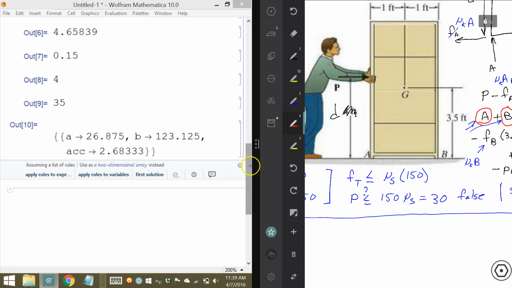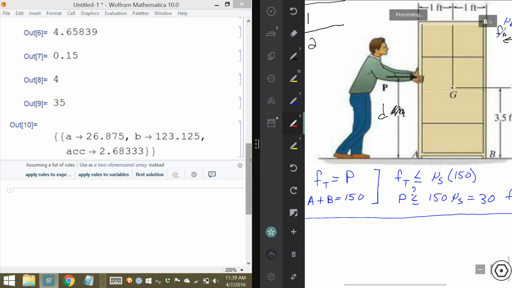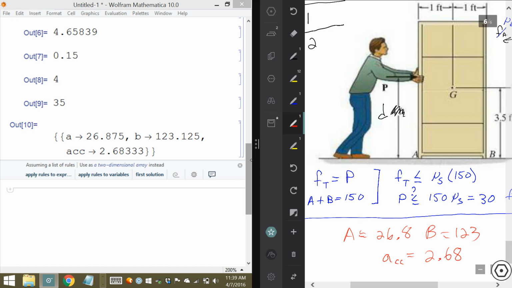So let me write down the answers over here. A is equal to 26.8. B, pressure under that leg, is equal to 123, and the acceleration is equal to 2.68. It's positive, so it does in fact go to the right like I expected.